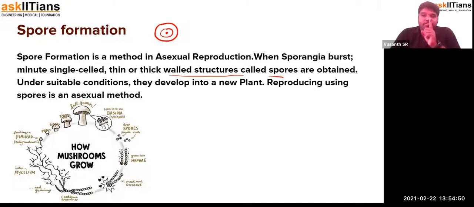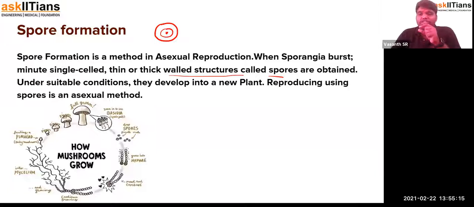In the same way, the fungal material, the mushrooms will also be growing on them, and they take all the materials into them. This is why they are called saprotrophs. Sapro means dead and decaying organism, and saprotrophic refers to nutrition from dead and decaying matter. Now how do they reproduce?